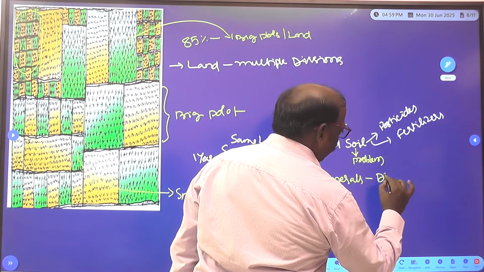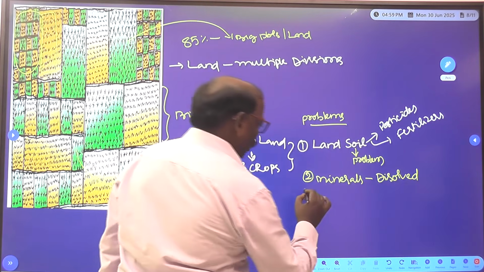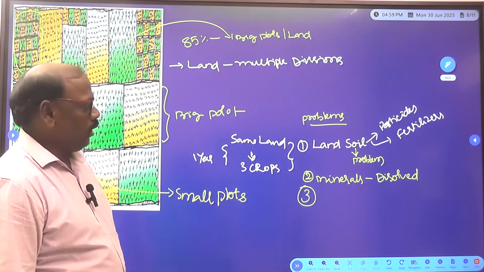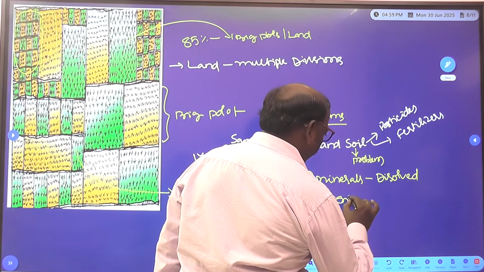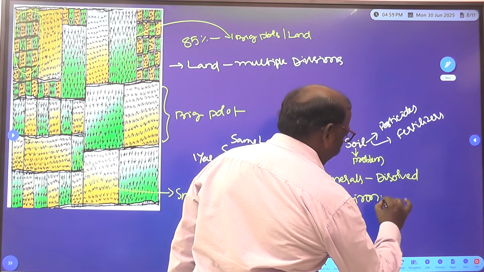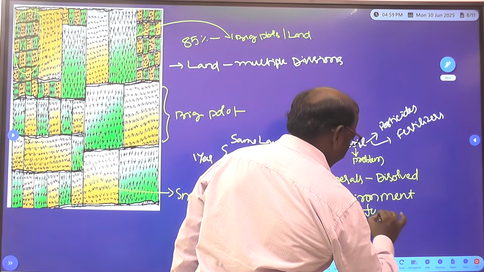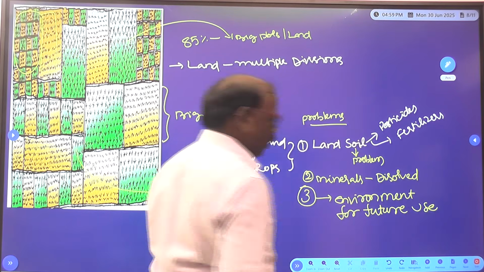Minerals will be dissolved. And not only that, whatever land we are using should not disturb the environment for future use. You understood, right?